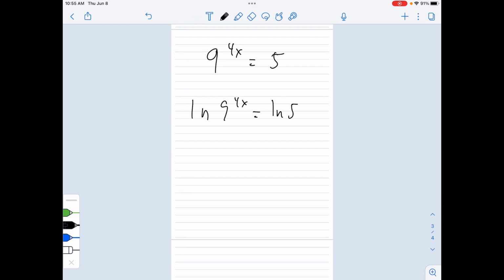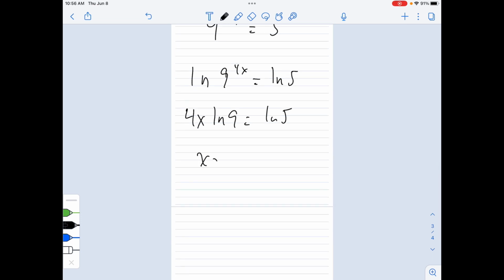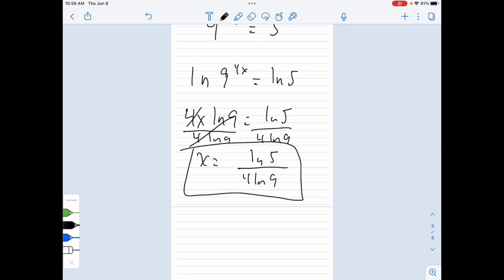And here we don't have a cancellation property, but you do have a property of logarithms which says that if you have a log of an exponent, the power, the 4x, can come down in front. And I could solve for x here by dividing both sides by 4 ln 9. Okay, so that looks kind of strange because the x is right in the middle, but yeah. And that's it. That's your answer.